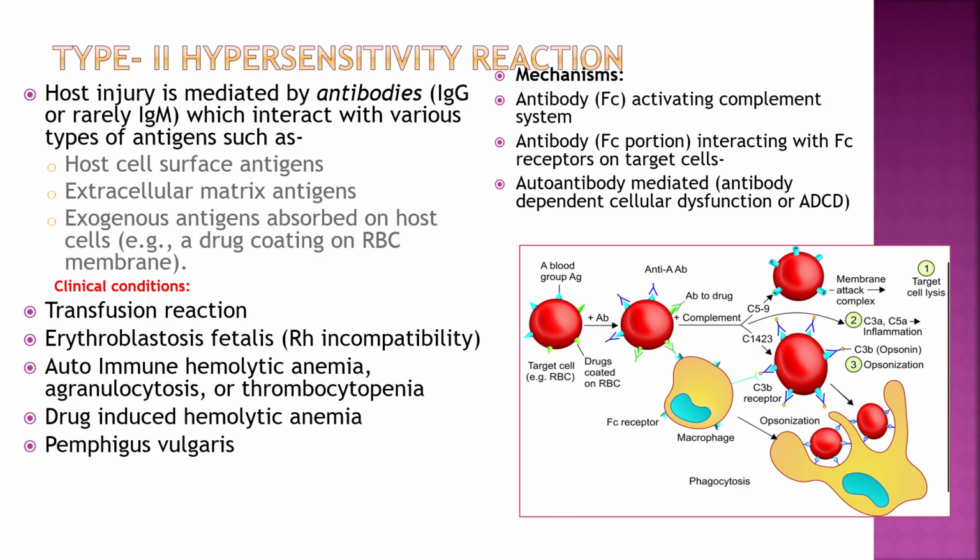Clinical conditions are transfusion reaction, erythroblastosis fetalis, autoimmune hemolytic anemia, agranulocytosis, thrombocytopenia, drug-induced hemolytic anemia, pemphigus vulgaris. Mechanism: antibody Fc activating the complement system, antibody Fc interacting with Fc receptors on target cells, autoantibody-mediated antibody-dependent cellular dysfunction or ADCD.